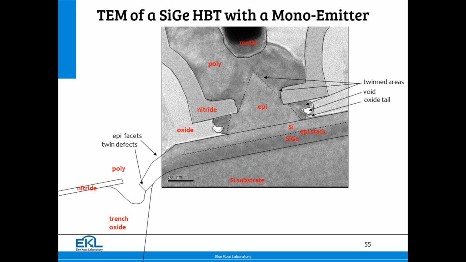Usually poly emitters are applied, but this one actually has 3 epi layers. Twinned areas, well, you see some recrystallization that explains the silly shape of the mono-emitter. It is grown to here, and then post-processing the polysilicon here recrystallizes and forms this. Why do we use a mono-emitter? To reduce the emitter base resistance.